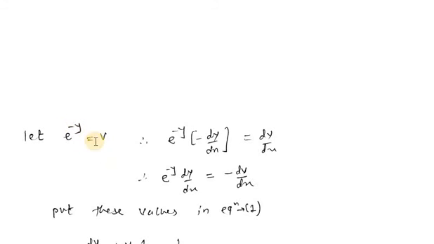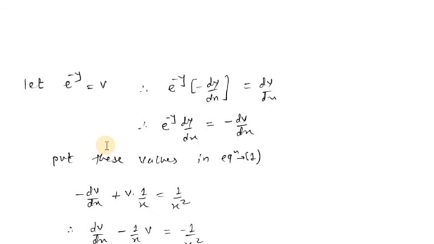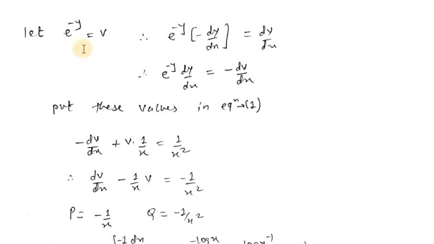Now differentiate e raised to minus y equals v with respect to x. So the derivative of e raised to minus y is e raised to minus y, and again the derivative of minus y is minus dy by dx, and that equals dv by dx. So e raised to minus y dy by dx equals minus dv by dx.